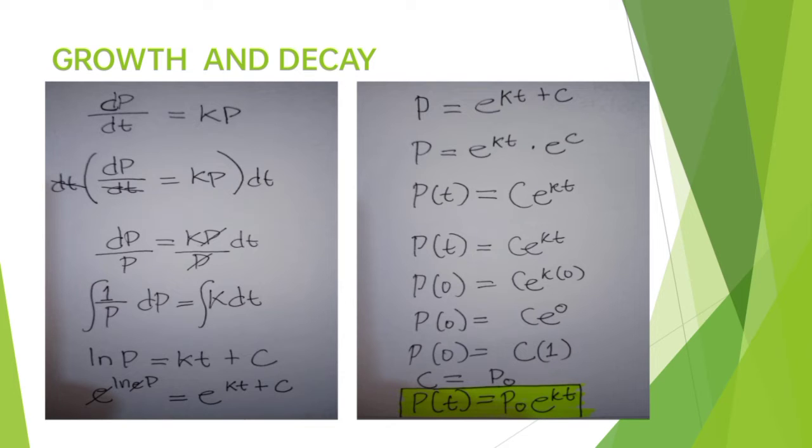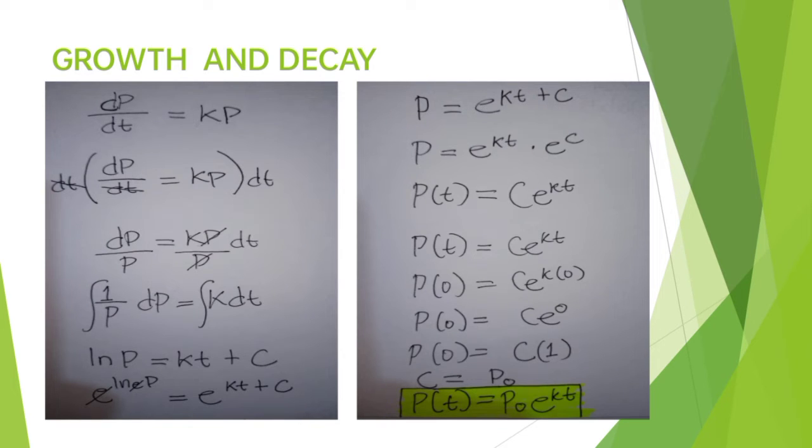How did we get this, or why did this happen? We know the algebra rules: when the bases are multiplied, the exponents become plus. So what we did was just integrate, then bring it back. After that, the population P of t equals C times e raised to k times time.